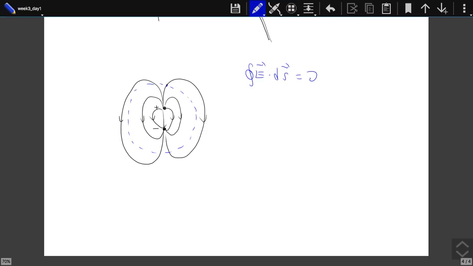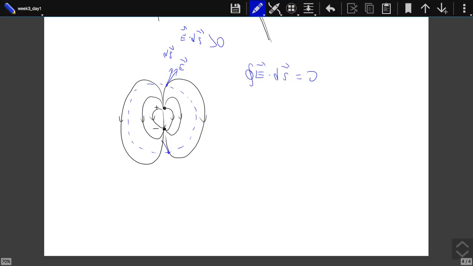But you see here, this is the direction of the electric field. ds is also more or less in that direction. So E dot ds, is it larger than, equal to, or less than 0? Larger than 0.